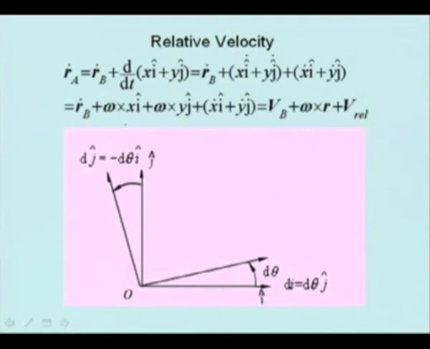Omega can be taken common, giving omega cross (xi plus yj), which gives V_B plus omega cross r, plus x dot i plus y dot j, which can be called V relative, because this is the velocity of the point A in the moving reference frame, since the position vector is x, y.